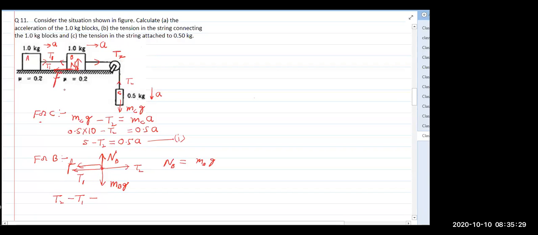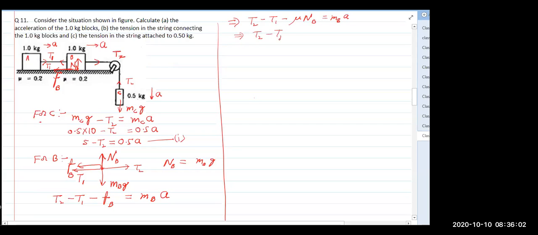We call it FB, the friction on B. So T2 minus T1 minus friction is equal to MB times A. FB is mu times normal, so mu times NB. Next we can write T2 minus T1 minus mu times MBg equal to MBA.